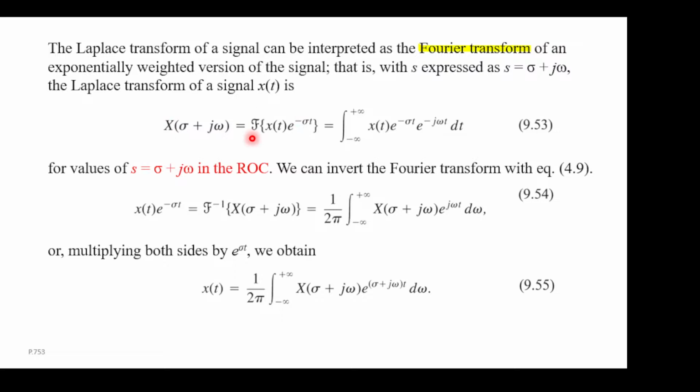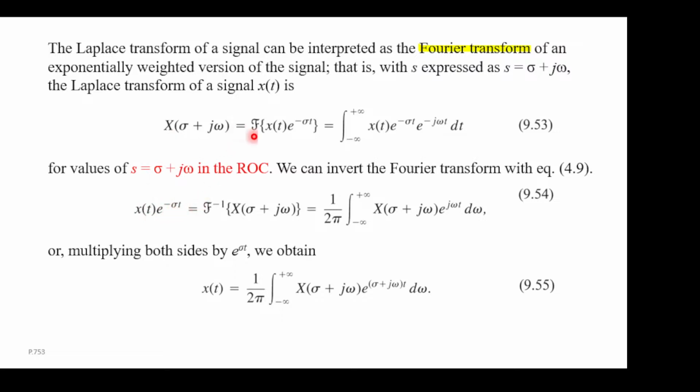But now we can go back to our small x by doing the inverse Fourier transform, because we know how to do the inverse Fourier transform. So that's what we do. We do the inverse Fourier transform on these things, and we should get back x of t times e to the minus sigma t.